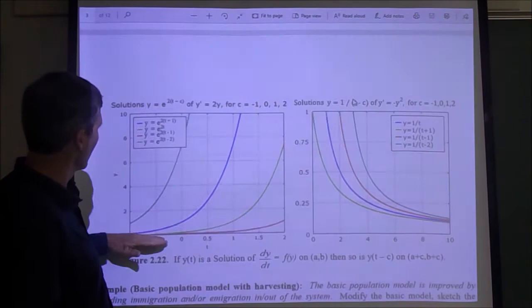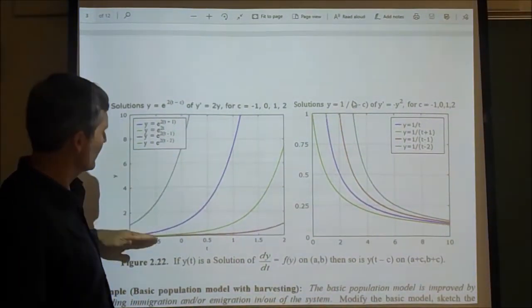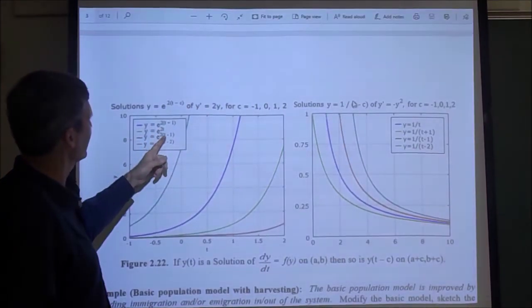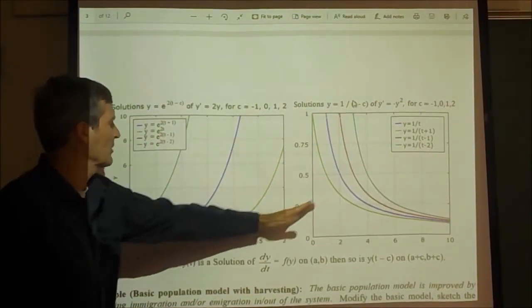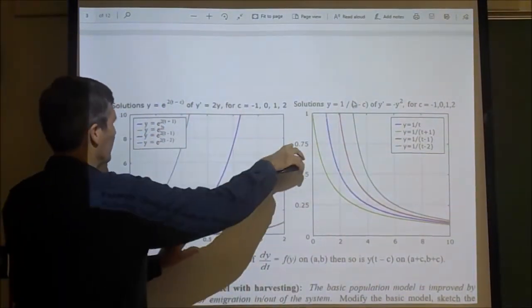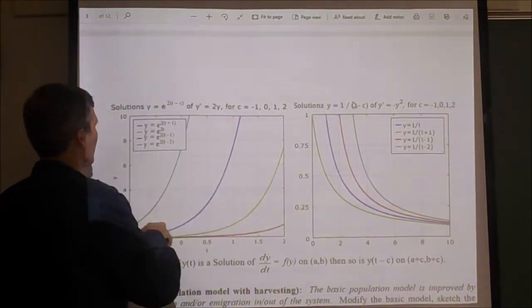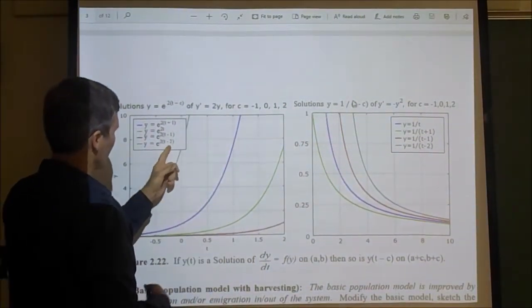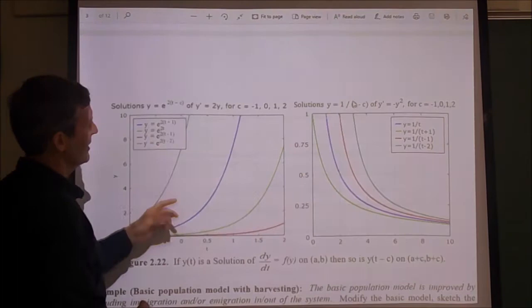Actually, I should do the light green one. y equals e to the 2t is a solution of this differential equation. y equals e to the 2 times, replace t with t minus 1, that's the red curve, is also a solution. Just take this one and slide it over. y equals e to the 2 times t plus 1, take this one and slide it over, it lands right on this one. And so on. Each of these curves, this one is slid over 2 units. Replace t by t minus 2.